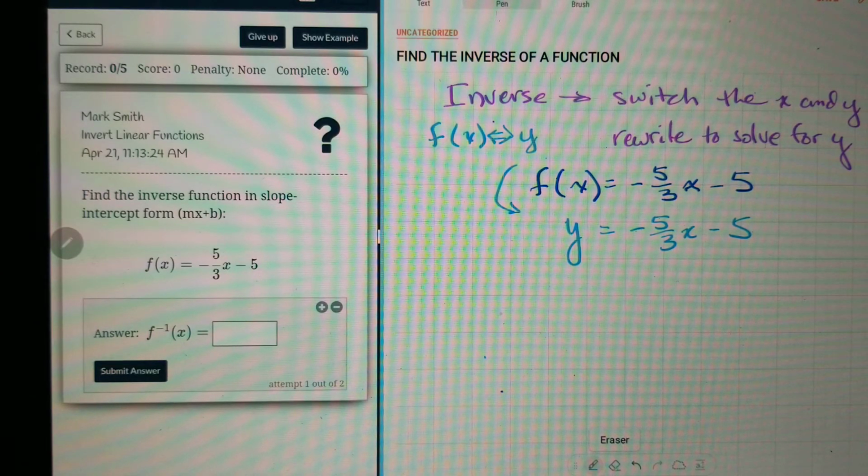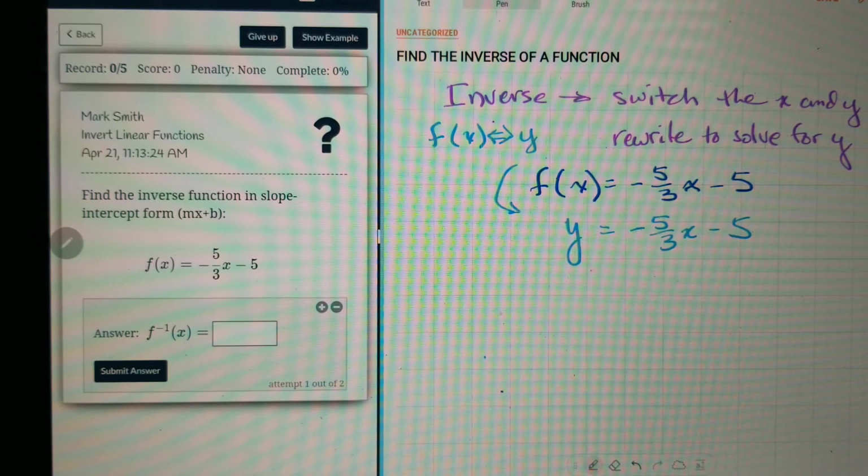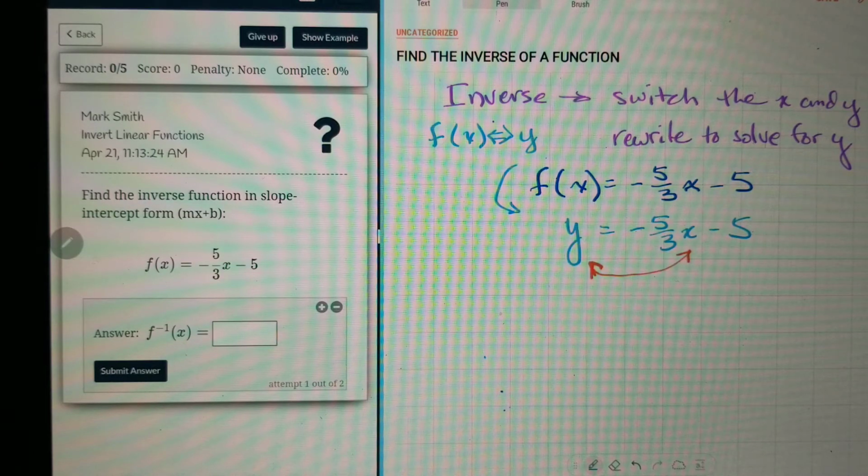I said an inverse was simple, that we just switch the x and the y. So we're going to switch the x and the y. That means we're going to put, back to our nice blue color here, the x over here, and we're going to put the y over there.